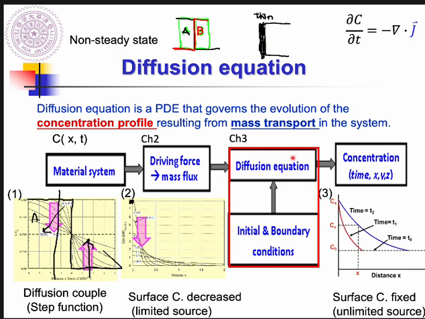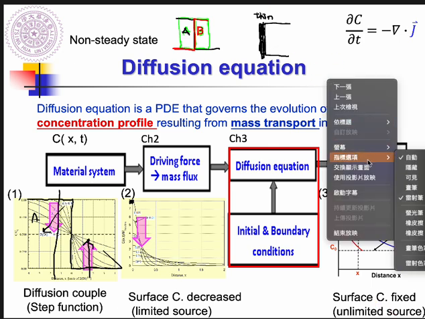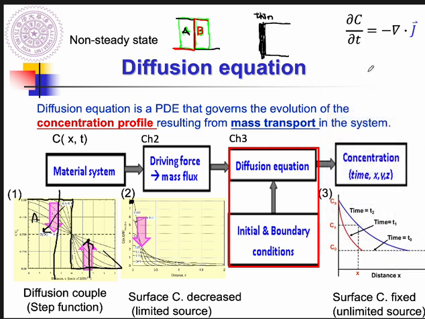And the third one is similar to this one, but also with a substrate. But I give it an unlimited source. Unlimited source, and the concentration is always fixed at Cs.